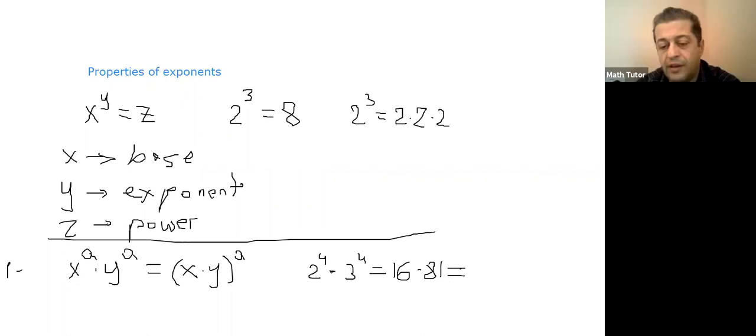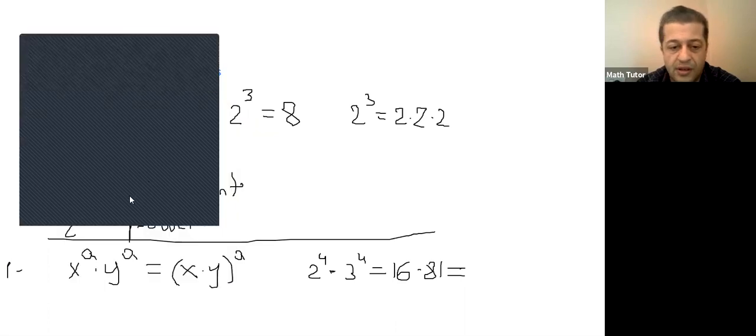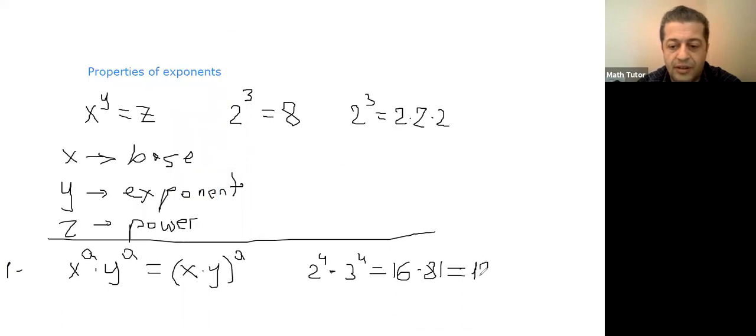If we find the value of 16 times 81, I'm using a calculator only to be sure that the result is correct. 16 times 81 equals 1,296.